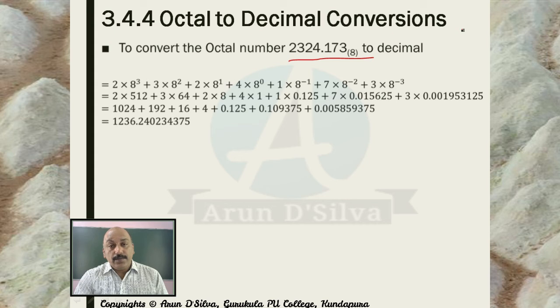In your case, the weightage of the last digit is minus 3. So it becomes 3 into 8 to the power minus 3, and each time you increase by 1. So 7 into 8 to the power minus 2, then 1 into 8 to the power minus 1.